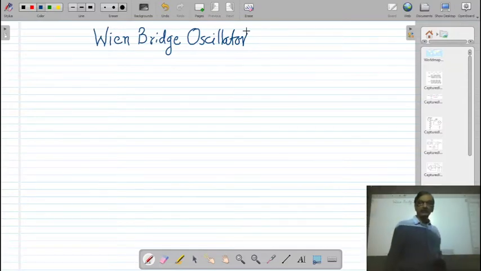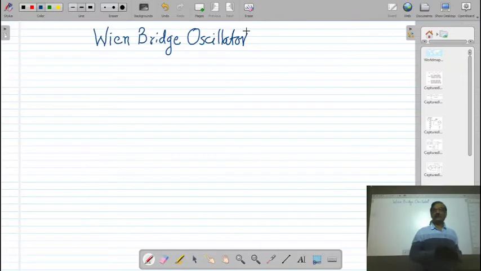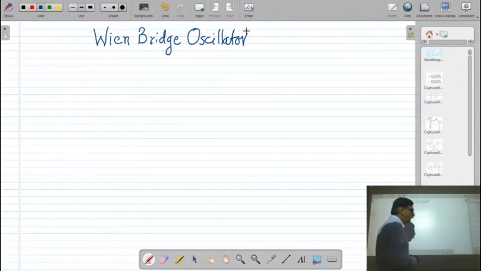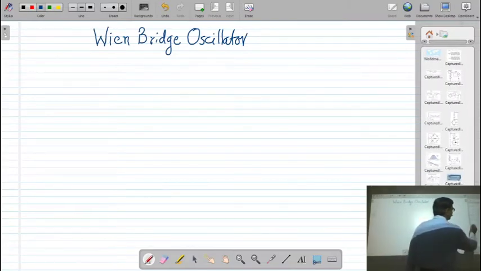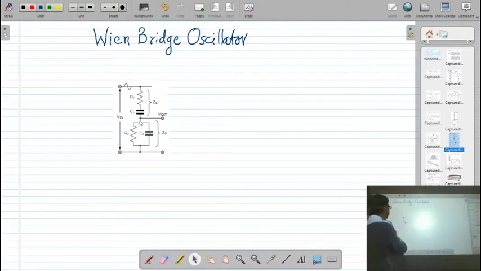Before we discuss the oscillator circuit, we should know the property of a Wien bridge. Correct? So, if we see the circuit diagram of this Wien bridge, then it is like this.